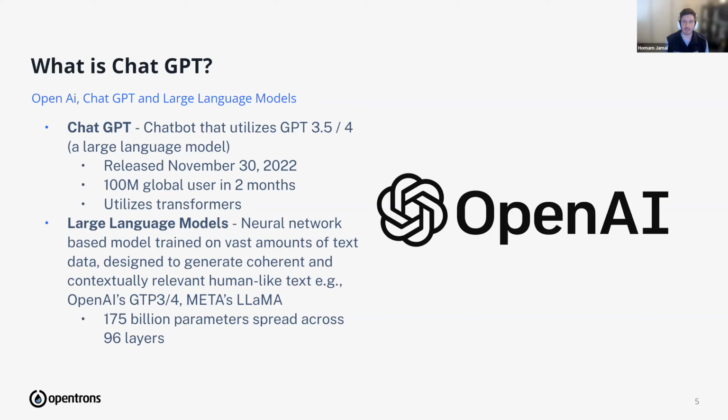So it's taken leaps in the coding space as well, to the point where it reached 100 million global users in 2 months. Just to give you some scope, it took Instagram, I think, 2.5 years to reach this kind of landmark, and it took OpenAI 2 months, and that's the fastest and largest growth in history when it comes to applications. So the utilization of ChatGPT is on a global scale.